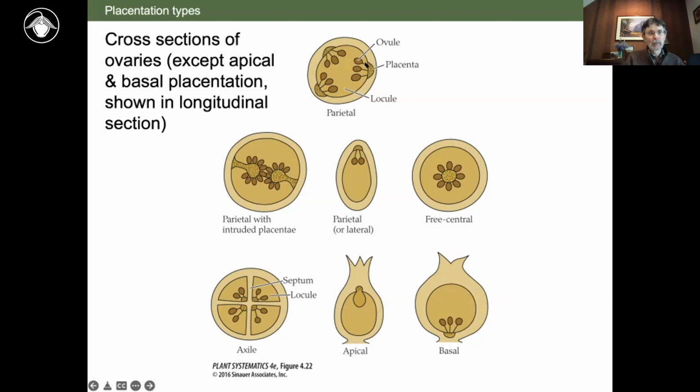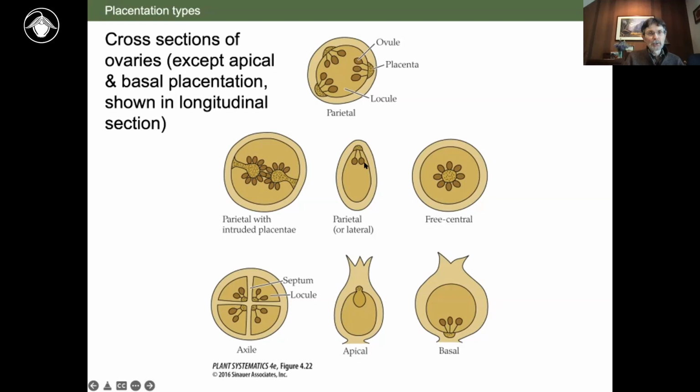But we see that there's more than one point along which ovules are attached to the inner wall of the ovary. And that's a dead giveaway that you're dealing with more than one carpel, in this case 3. Sometimes those placentae can be intruded a little bit, but still one chamber.